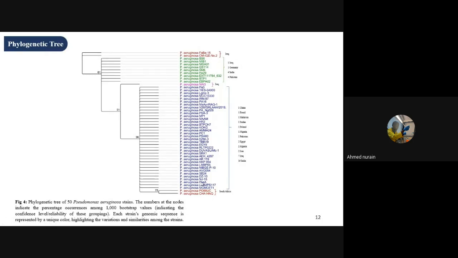So generally, we can say that strains collected from similar sources or geographical locations tend to cluster together. For instance, several strains from India, Pakistan, and Iraq form a distinct group.